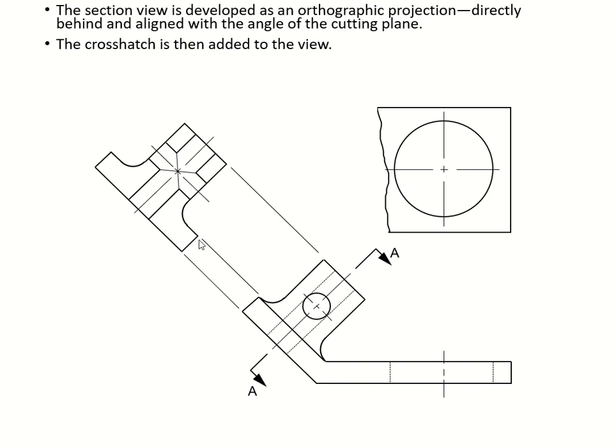We're going to draw directly behind it, keeping all of our dimensions and edge points. And this is our partial, auxiliary sectioning, cutting in this way. We don't do the entire object because it's not necessary, since we're concentrating on this part, and we're able to see inside.